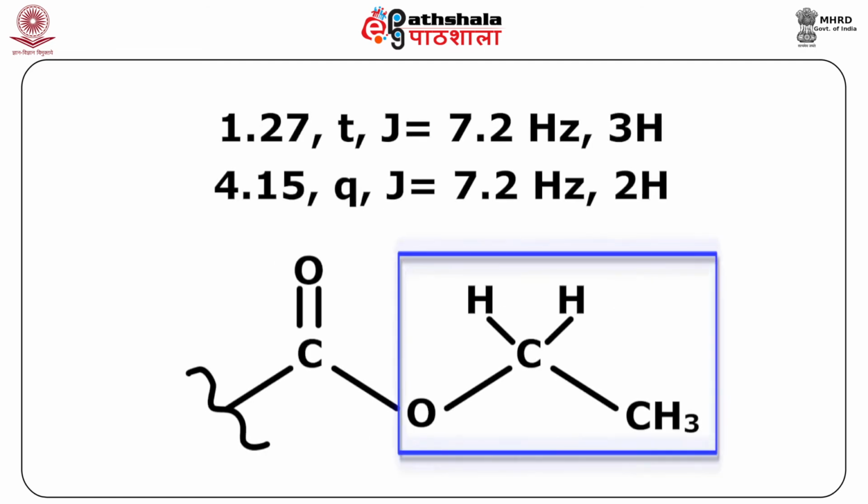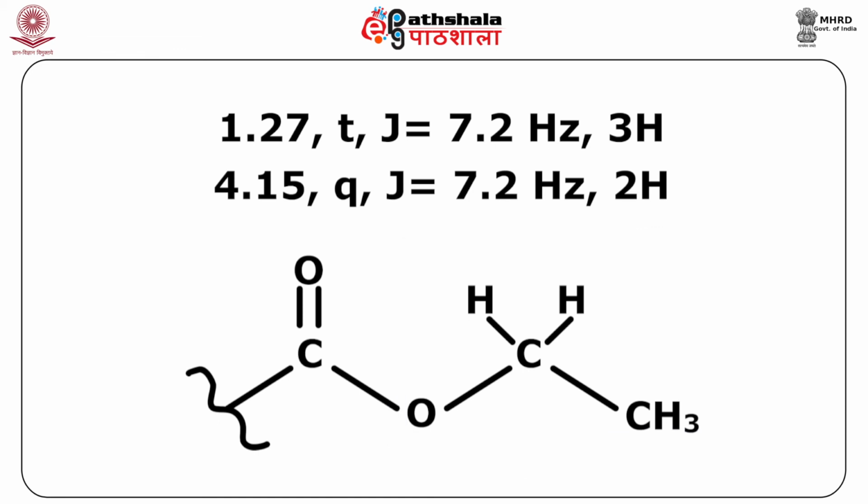The peak at 4.15 ppm for 2 protons means the carbon is attached to an oxygen atom, as the signal is a quartet. It indicates the presence of a methyl group next to it. The substructure associated with this 1H NMR is C double bond O, O, CH2 and CH3.